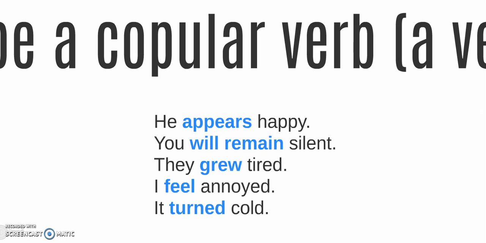Appears links the fact that he is happy, so happy describes him. You will remain silent. Basically, if you can work out that the last word is describing the subject, and in the middle it isn't a form of to be, then it is a copular verb. So it's just a verb that links the complement and the subject together.